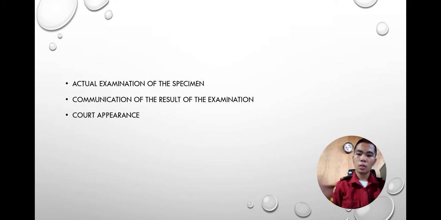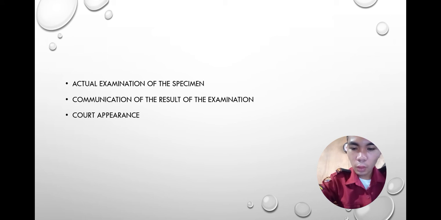So number 3 is to conduct examination of paraffin casts and firearms to determine the presence of gunpowder nitrates. They need to conduct examination of firearms that they found in the crime scene.